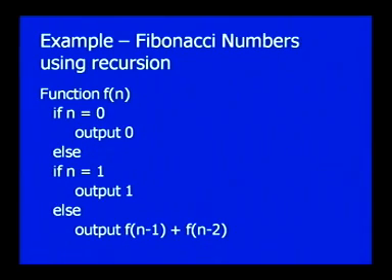Here you can see an example of the Fibonacci series. The algorithm looks like this: function f of n, if n is equal to 0, output is 0, if n is equal to 1, output 1, else output is f of n minus 1 plus f of n minus 2.